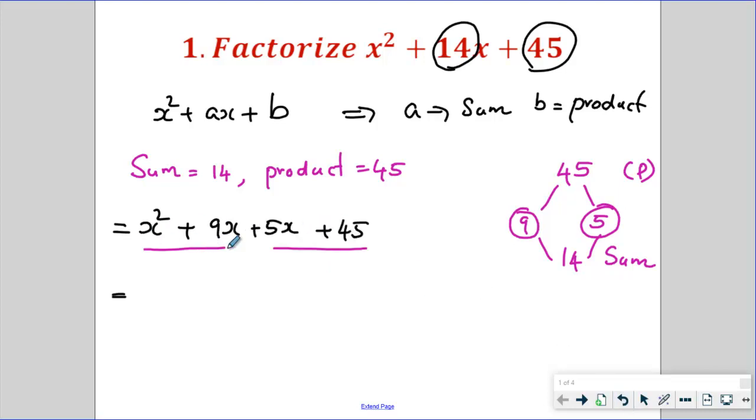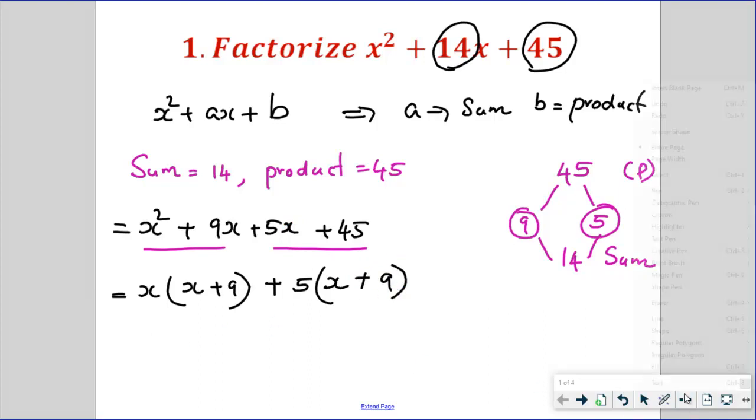The first two terms are one group, and the second two terms are the second group. In the first two terms we can take x as common, that is x into x. First term x remaining, second term 9 remains. Then plus, here 5 is common, so you can take 5 as common. Within the bracket, here x remains. Here 9 5s are 45. This is 9.